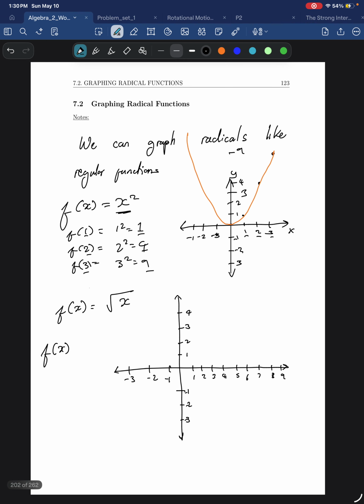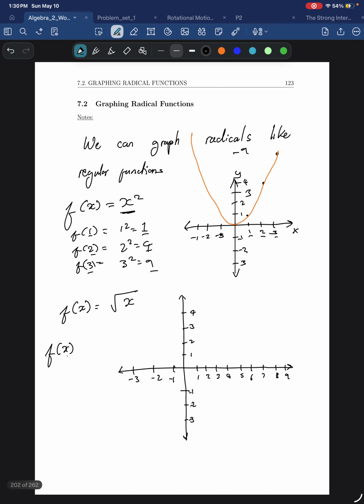I can start from f of 1. So f of 1 is going to be equal to square root of 1, just 1. So (1, 1). F of 2, square root of 2 is going to be 1.4 something.